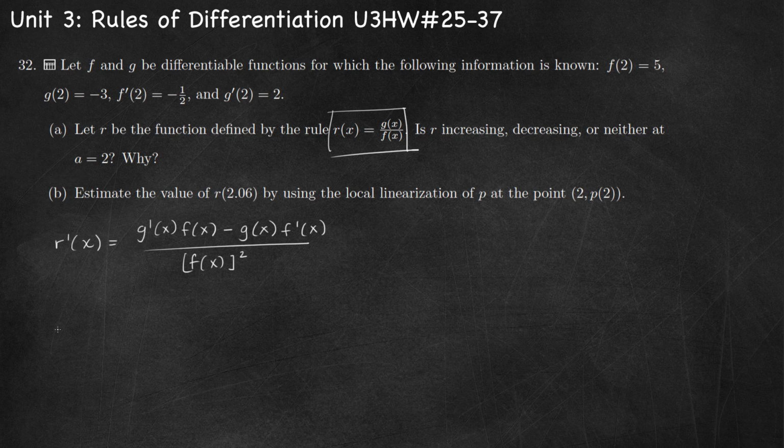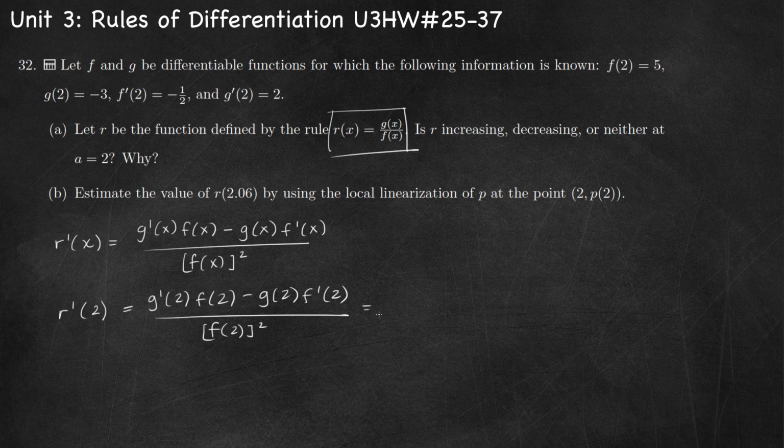At a equals 2, so now let's find r prime of 2. We have g prime of 2 times f of 2 minus g of 2 times f prime of 2 over f of 2 squared.